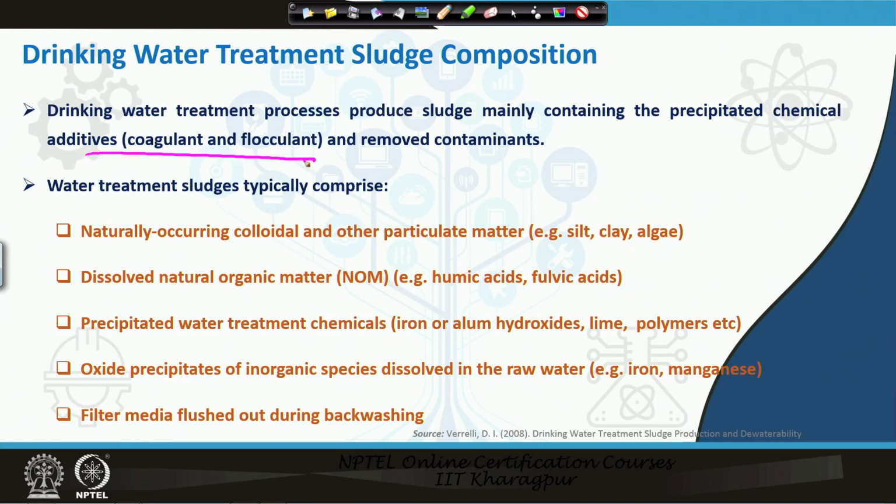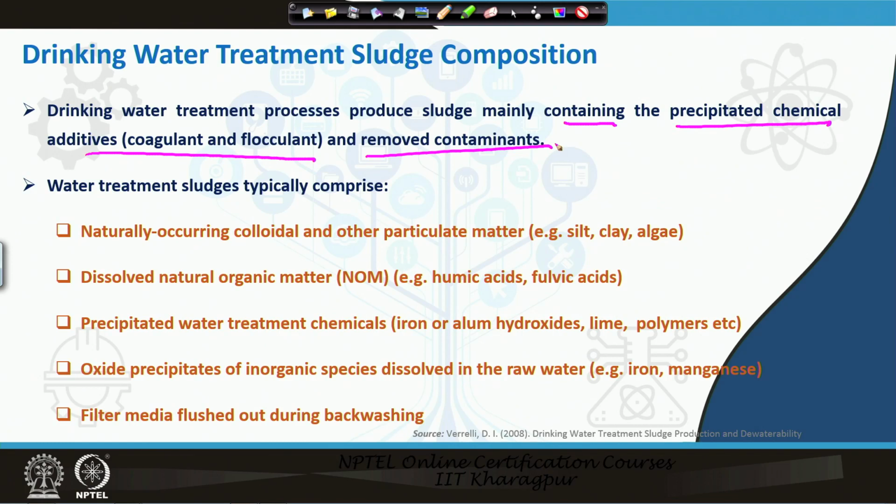So, sludge will mainly contain the precipitated chemical additives, whatever coagulant or flocculant we are adding, and the removed contaminants. Whatever the nature of the solids present in the water, they will get removed through the precipitation process or the settlement process. So, they come as a sludge.